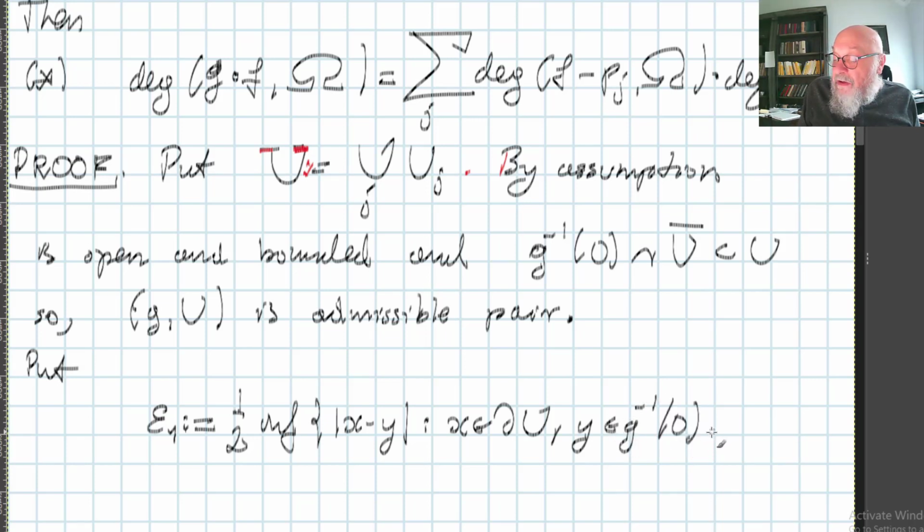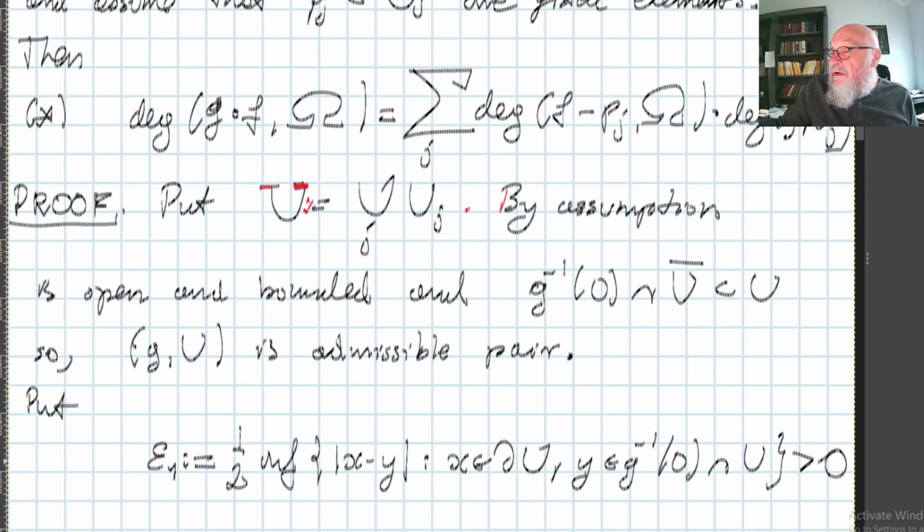We claim that this number is positive, indeed, by the previous remark, and maybe also have an idea what that actually means.